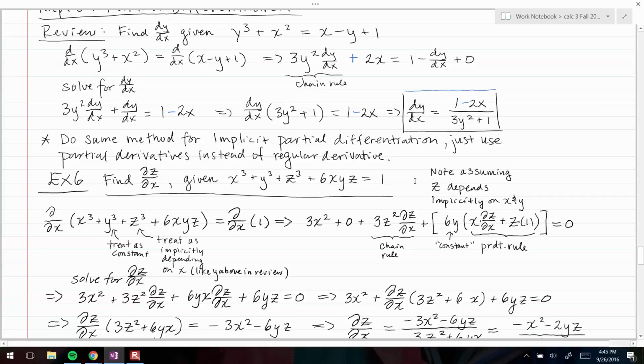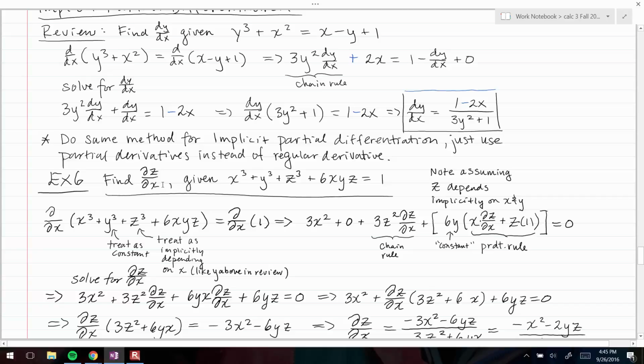Something important to note from the beginning here: so far, when we take a partial with respect to x, everything else is held fixed, so we can treat it like a constant, and it's way easier. But in this context, because we are taking the partial of z with respect to x, z implicitly depends on x, and we have to treat it like a function of x.